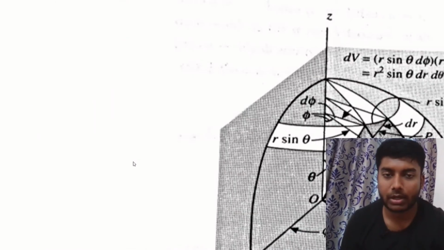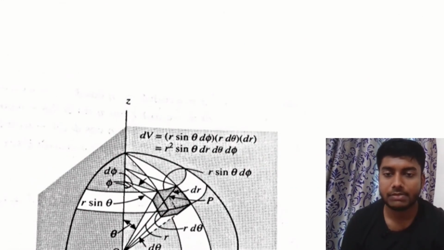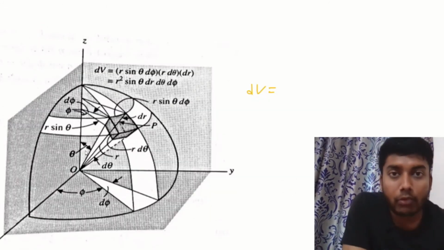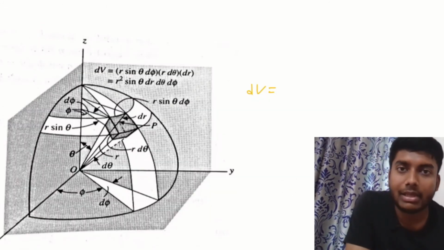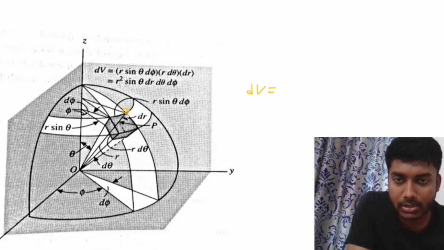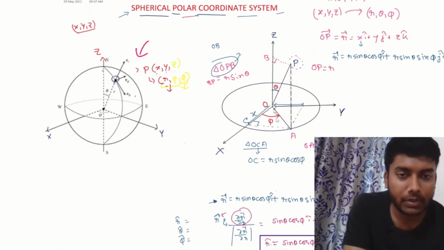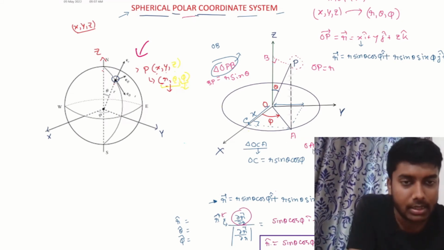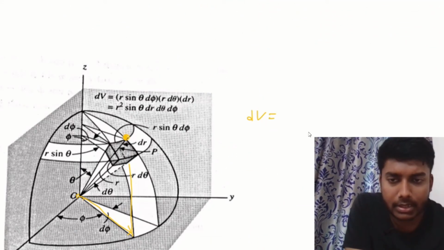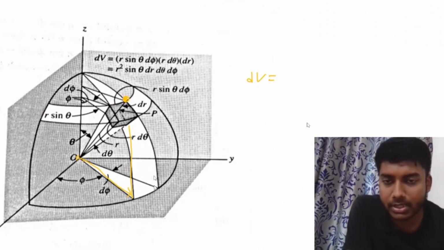Now I am coming to the point of what the volume element will be in a spherical polar coordinate system. To get a volume element, we have to again make the projection of any point. Suppose this is a point here. So you have to make the projection, and the projection will be this. And what was the value of this? As we have discussed earlier, this OA vector was equal to r sin theta.